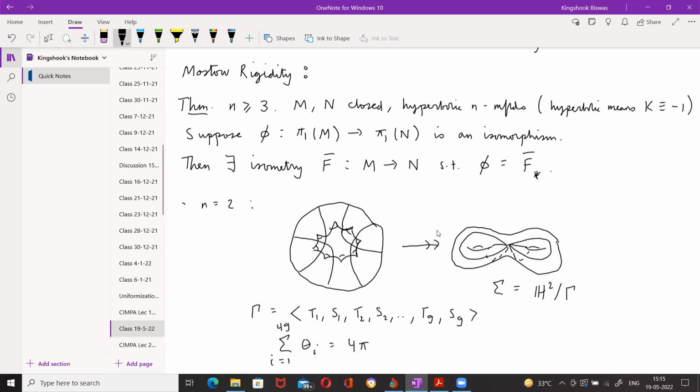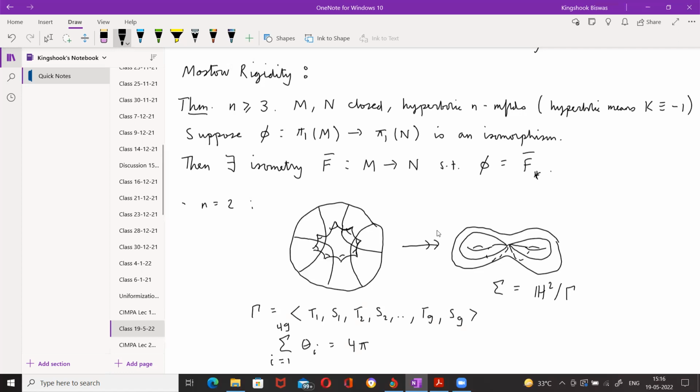So what Mostow rigidity is saying is that in dimension 3 and higher, the moduli space is trivial. You have no non-trivial deformations. That's what it's saying.